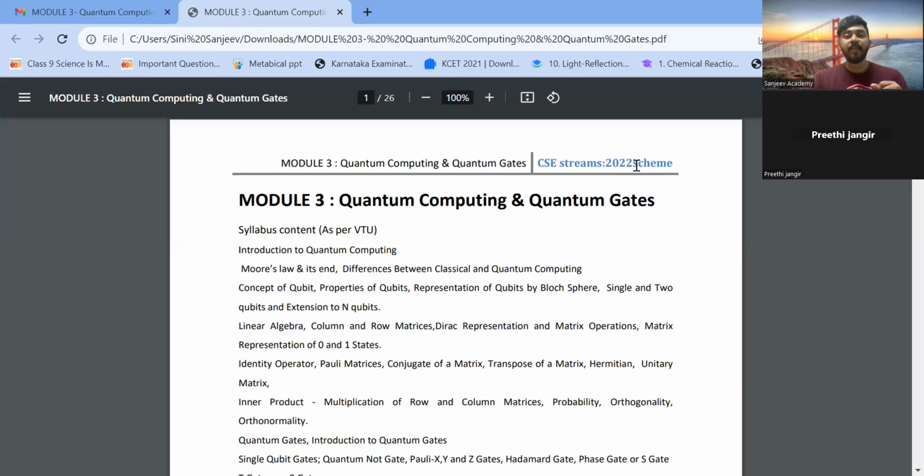So it is basically calculating the energy level of the electron and how the movement of the electron takes place, the momentum, the spin of the electron. But coming to quantum computing and quantum gates, the main engineering application we see is at the application level, correct?